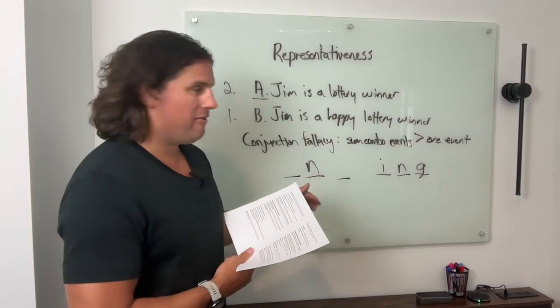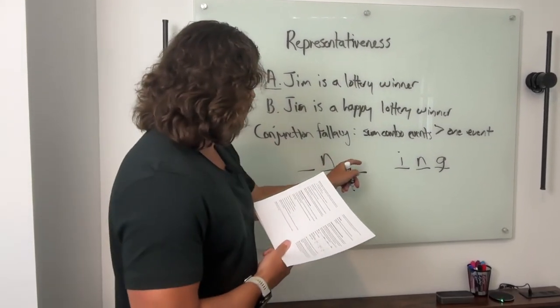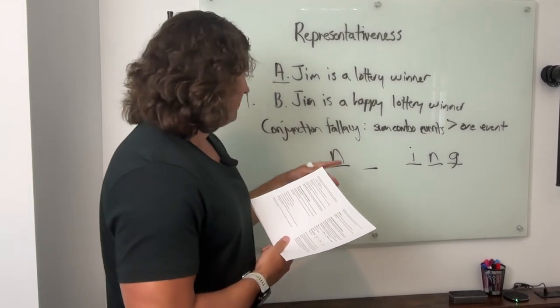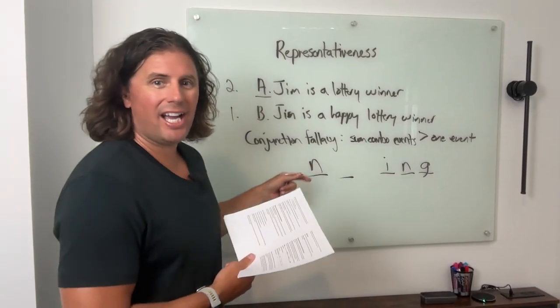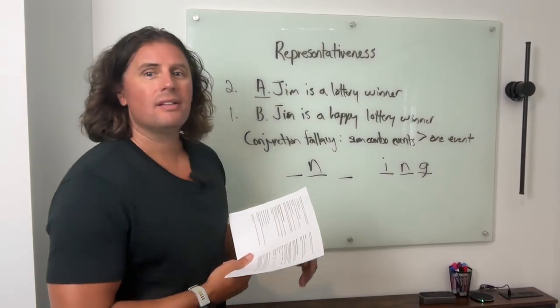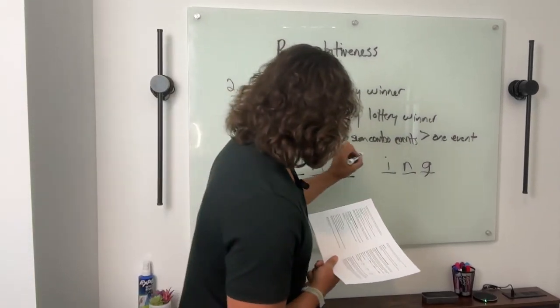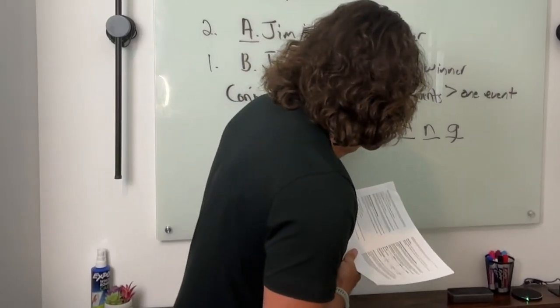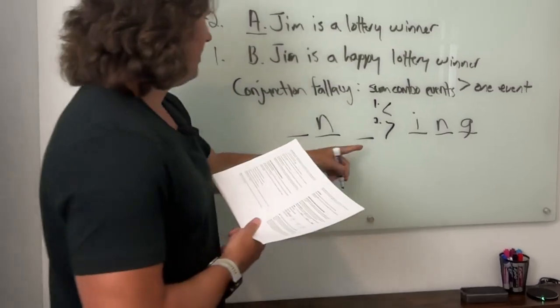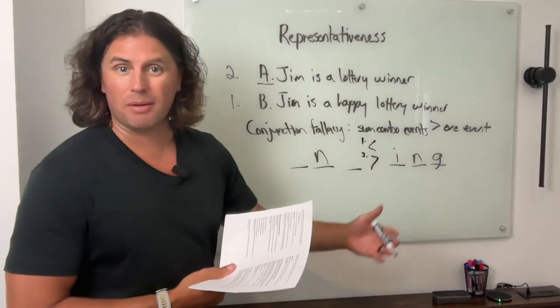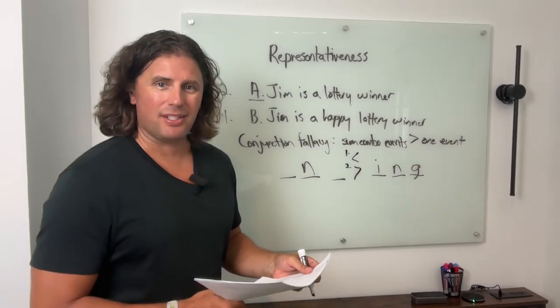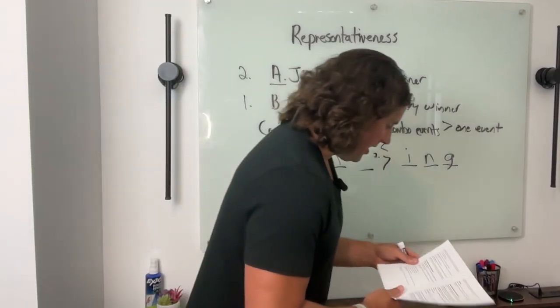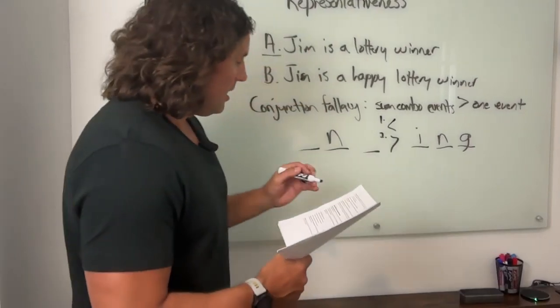And then you can have like ine, just even that. Fine, dine, wine, that is, so type 1 says this. Type 2 in reality has to step in and go, yeah, well, that's all INGs plus a number of different other options. So that's the conjunction fallacy, a couple different areas there.